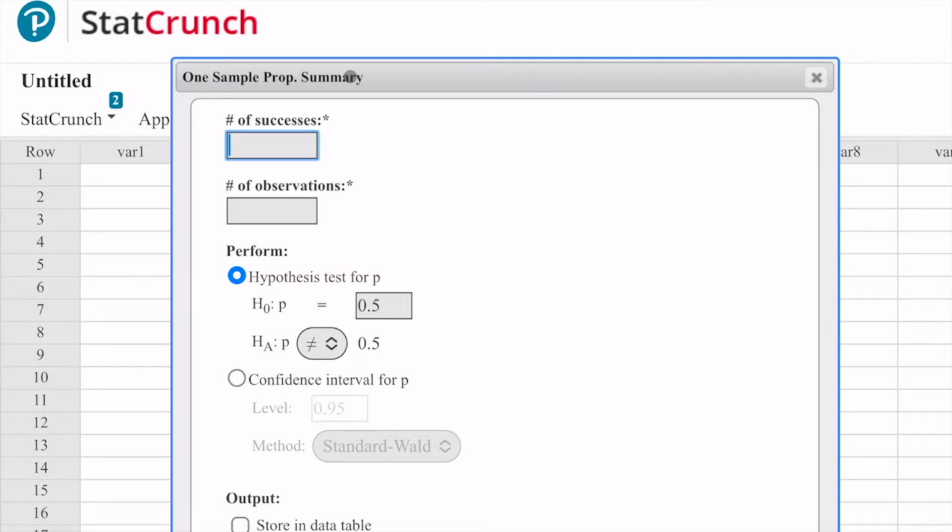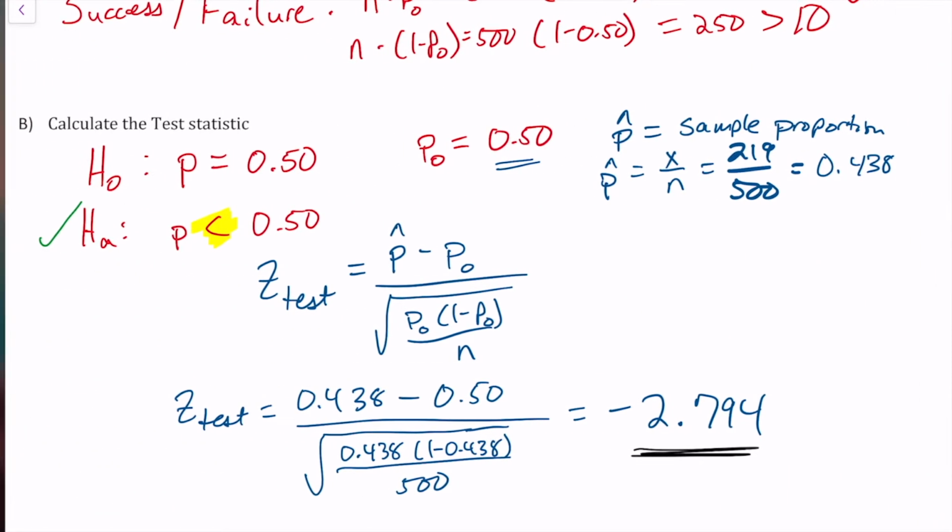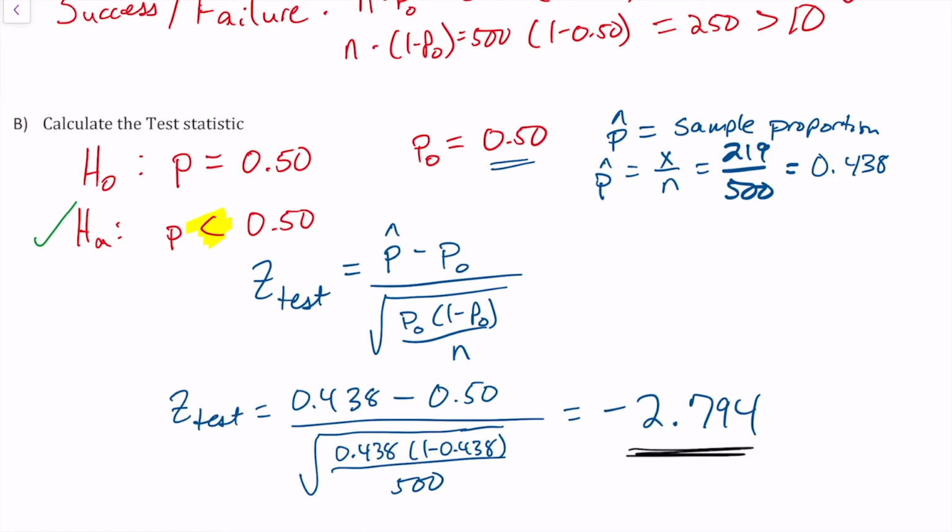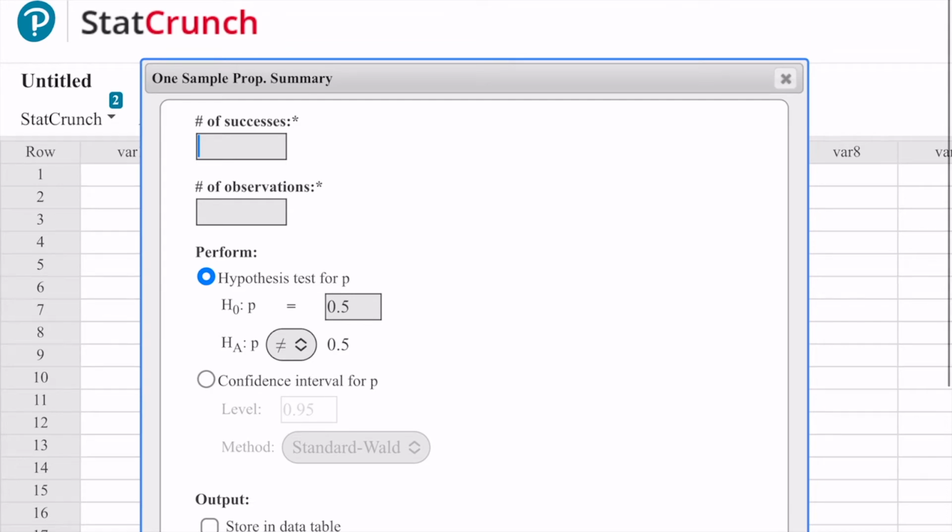We need the number of successes. How many successes did we have? How many students were prepared? It was 219, out of 500 total students. Okay? But now this time what's different than confidence intervals is that we are performing a hypothesis test. So we're going to select the hypothesis test option. And notice already they're telling us that the null hypothesis is equals to, right?